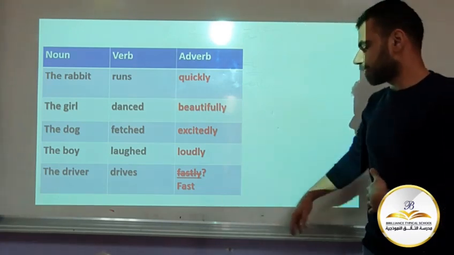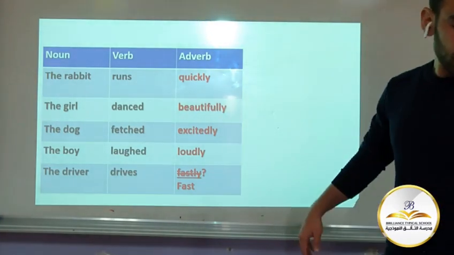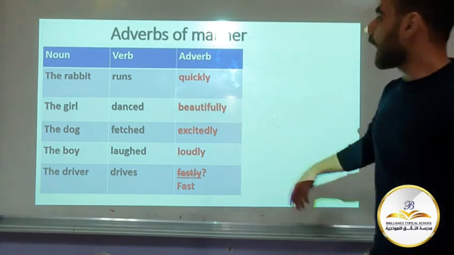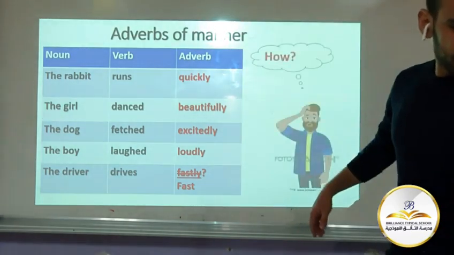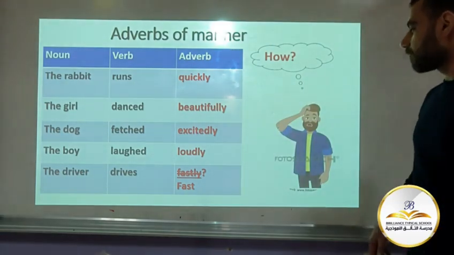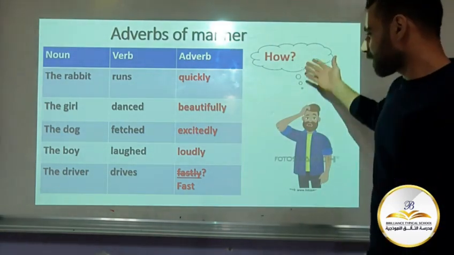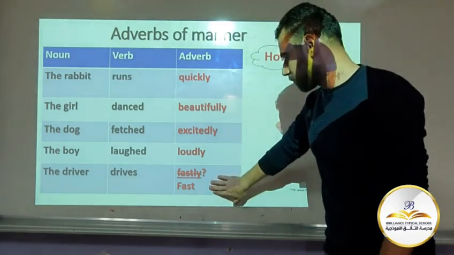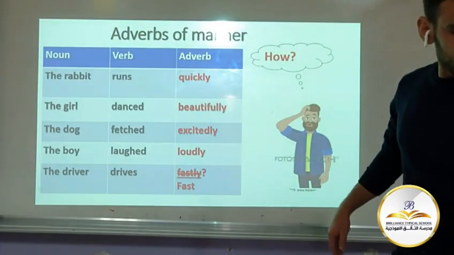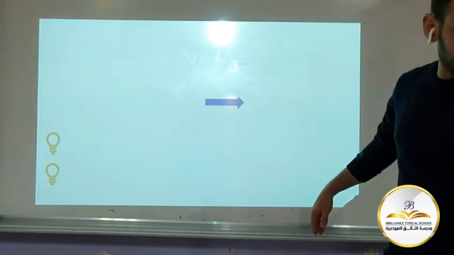We don't say that, we say fast. We call these adverbs of manner. Okay, but how? I mean, you might think about this. Here we have a pattern, but here we have something different. We are going to come to that later on.